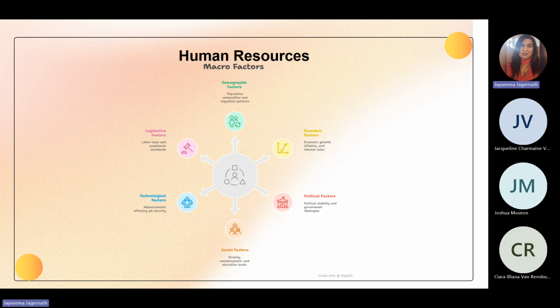So you need to ensure that you employ according to BEE, you have enough representatives across your workforce, and all of those aspects affect the employees that you have. And then there are social factors in terms of poverty, how people are able to develop themselves, and then technological factors which change rapidly over time.